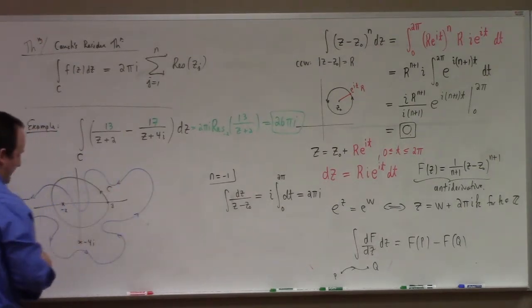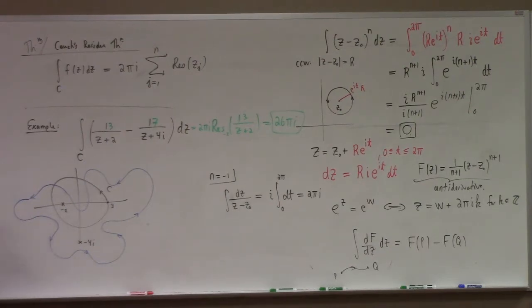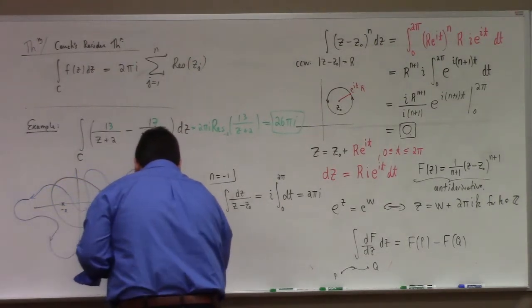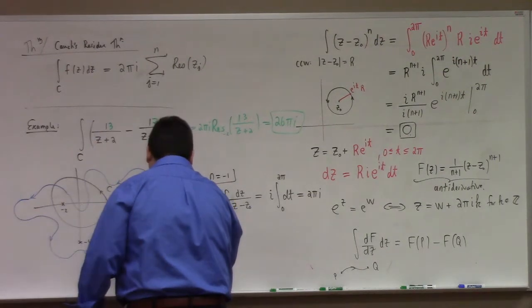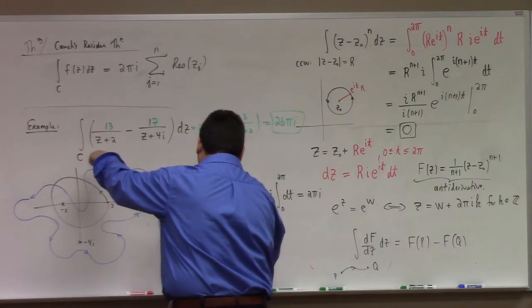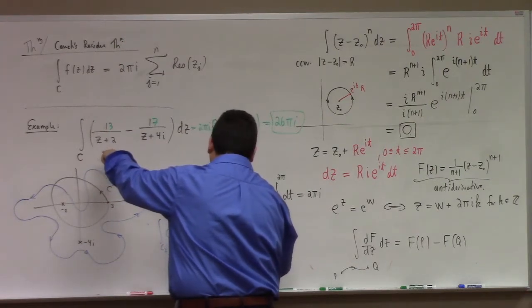In other words, positively oriented, like that. It doesn't matter what it is. If it encircles these two guys, then I pick up both residues. So if this is my C2, the integral over C2 of the same thing would be 26 pi i minus 17 times 2 pi i.